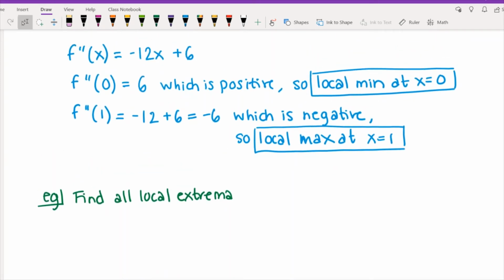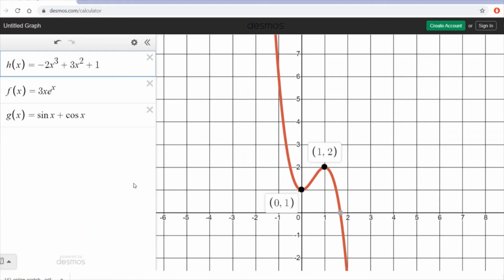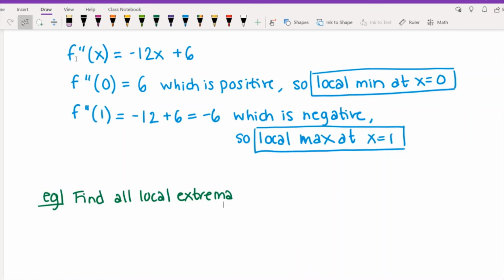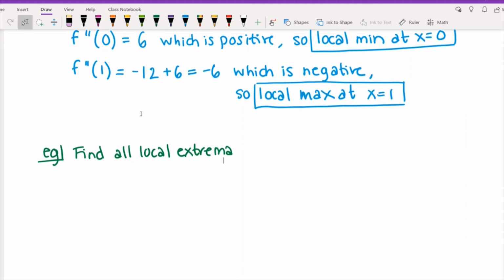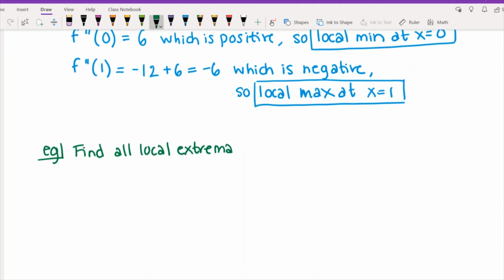On the graph, the actual local minimum is a y value of 1 at x is equal to 0. And the actual local max is 2 at x is equal to 1. So it just depends on what we're looking for. For the sake of this, we can just say the x value, because really the focus here is on figuring out whether they're local maxima or local minima.